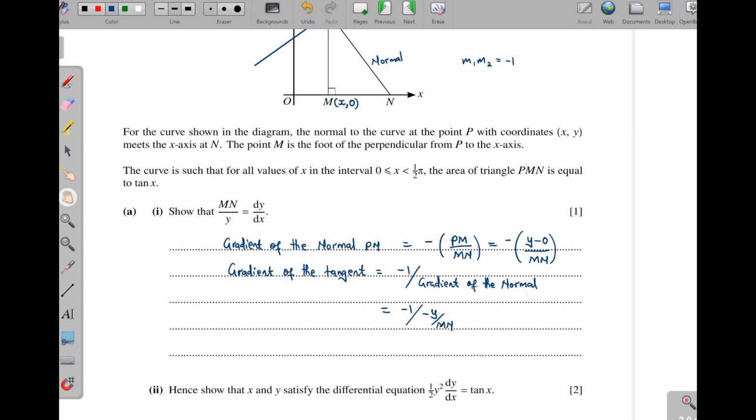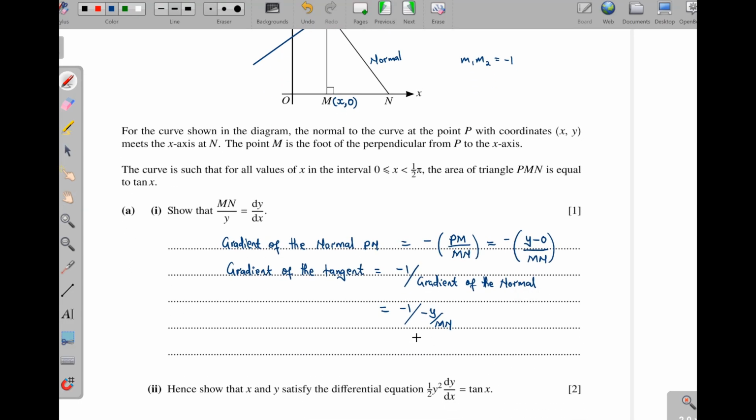What does this one give us? The gradient of the tangent, you know that it is given by dy/dx. Again, that dy/dx will be equal to this. Of course, this is a negative, which will cancel with that negative.